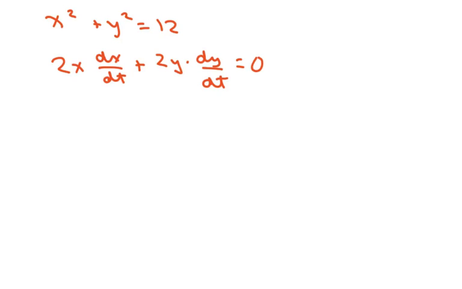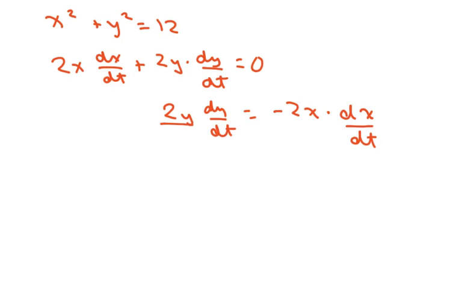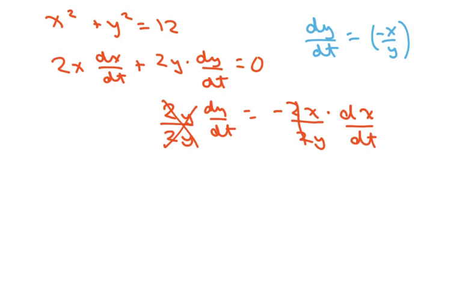When you solve for the derivative of y, you divide both sides by 2y, so the derivative of y with respect to t equals negative x over y times the derivative of x with respect to t.